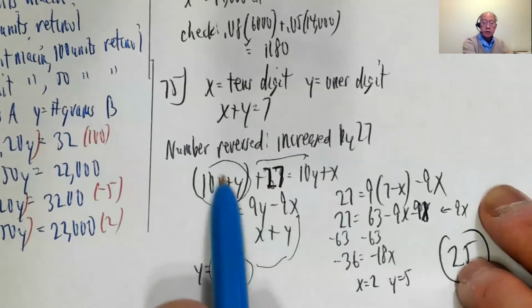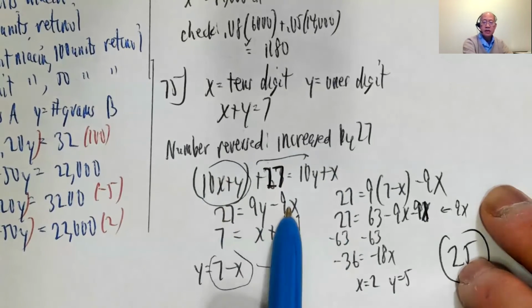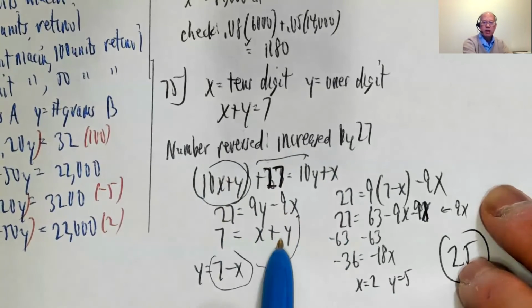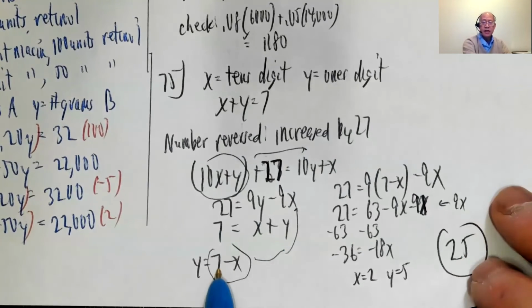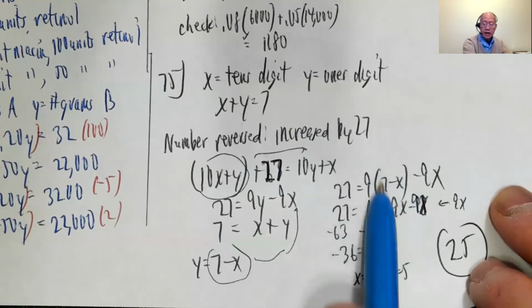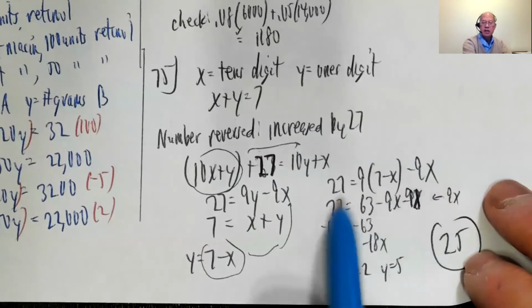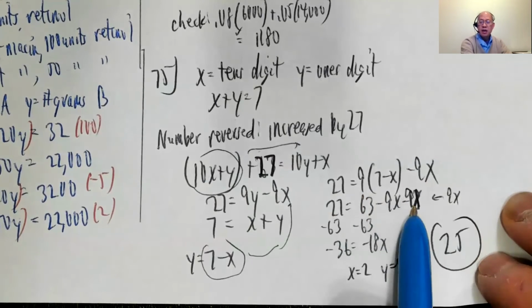So then if I toss these two over, I have 27 equals 9y minus 9x, and I have 7 equals x plus y. So if I substitute, solve for y, y equals 7 minus x, and throw that in here, 27 equals 9 times (7 minus x) minus 9x. So this comes out to be 27 equals 63 minus 9x minus another 9x.